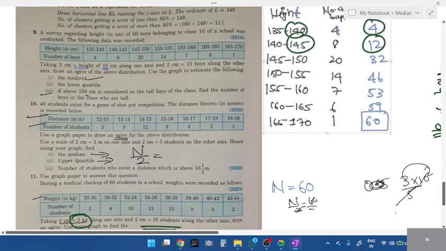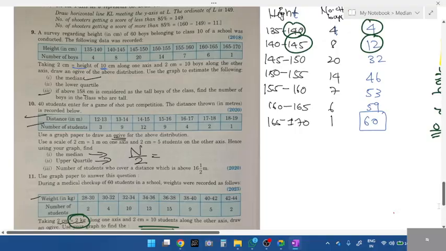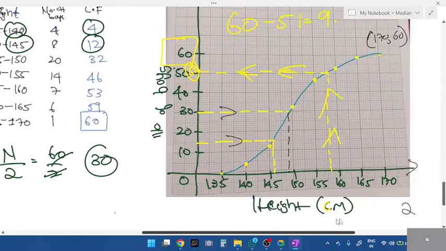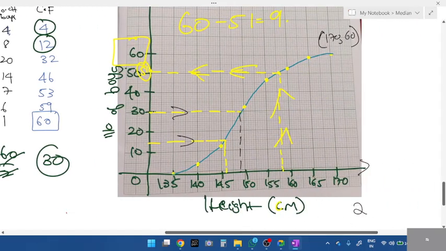Look, I'll read again. The first question is median. I'll just quickly tell you how to do the first and second. How do you solve the first one, students? If you want to find median, what you have to plot first? N divided by 2. N value is 60. 60 divided by 2 is 30. We have to take from x-axis. Can you see x-axis 30 line? All of you will respond.